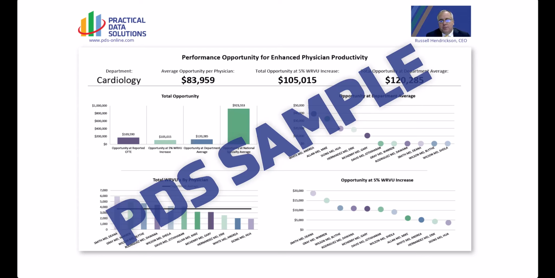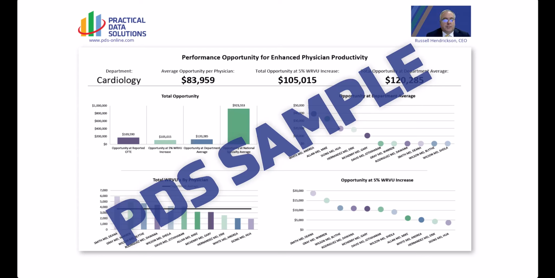The key principle here is the Pareto principle: if we can focus on the bottom 20% of performers, in this case physician productivity, and move those bottom 20% to the median of the group, the benchmark of the group, or even to what the top performers are doing, we should see a significant improvement in productivity. Now, the number one way to measure productivity with physicians is to use work RVUs.